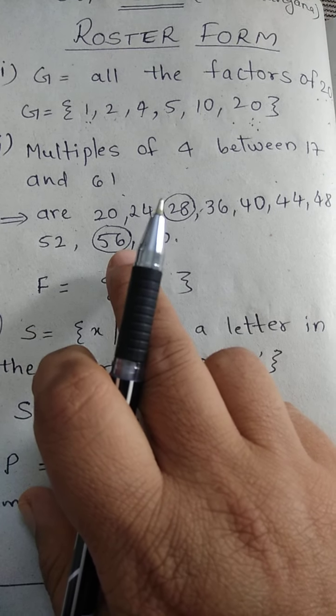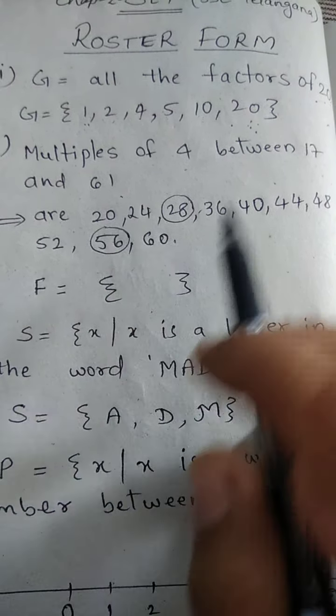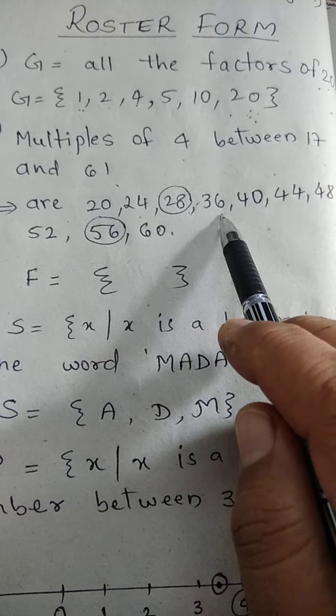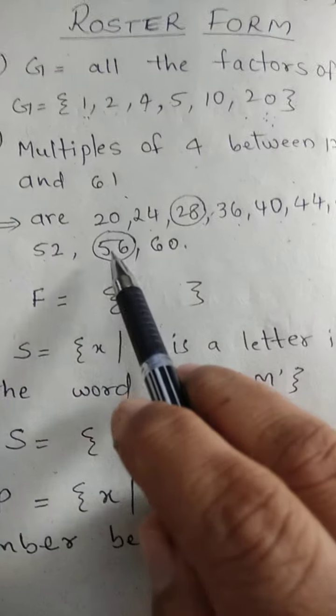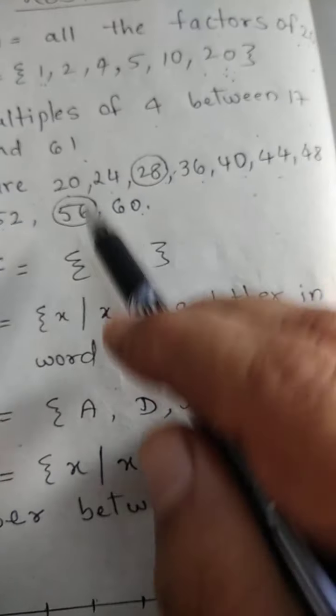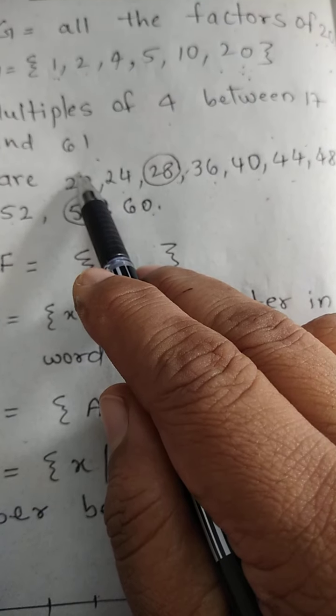After 17, which is the number that is a multiple of 4? 20, then 24, then 28, 32, 36, 40, 44, 48, 52, 56, 60. These numbers are the multiples of 4 between 17 and 61.